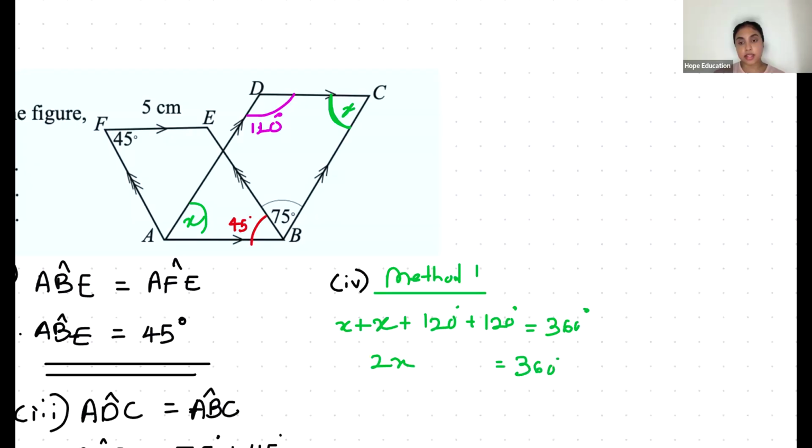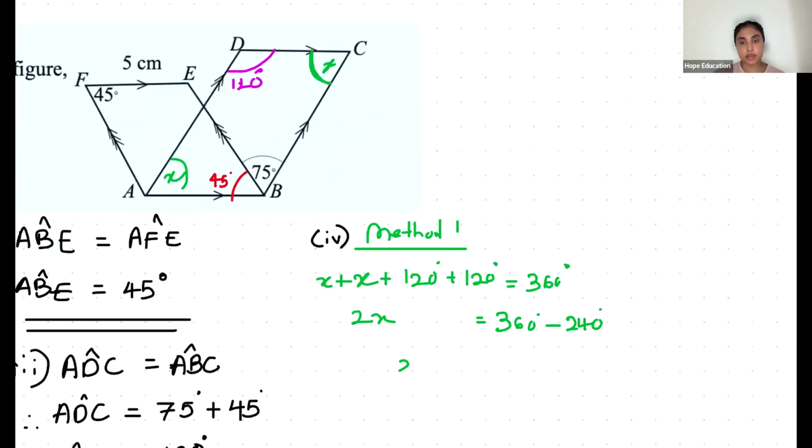When you take it to the other side, it's minus 240. So x equals 120. That means x equals 60. You can get it like that because inside a quadrilateral, when you add everything, it becomes 360.